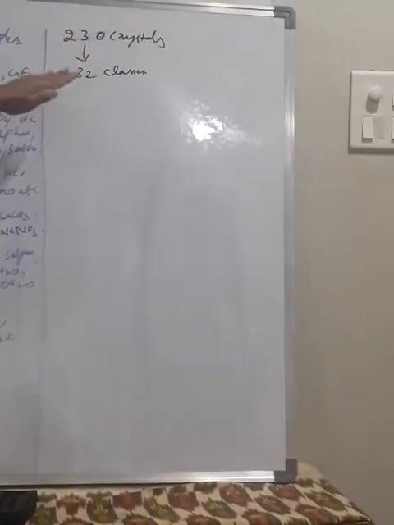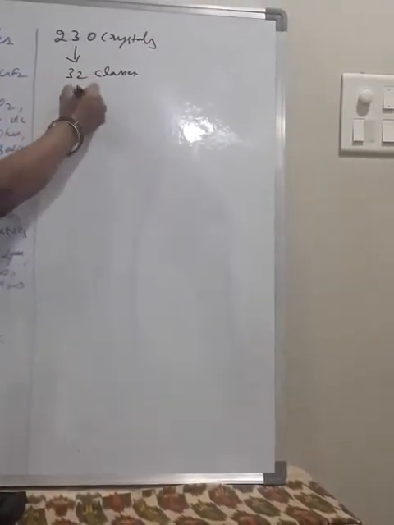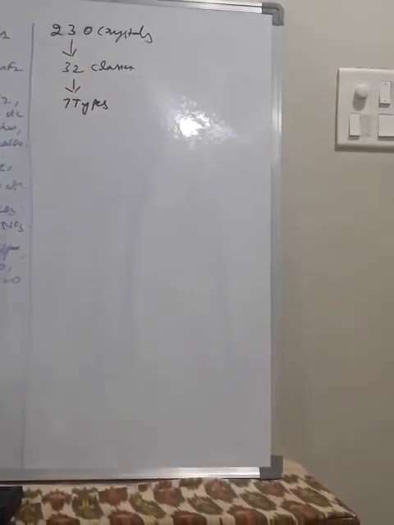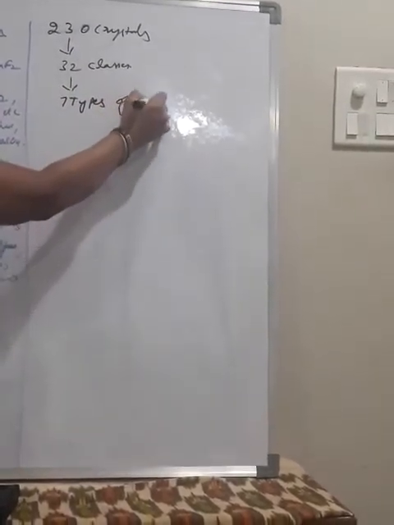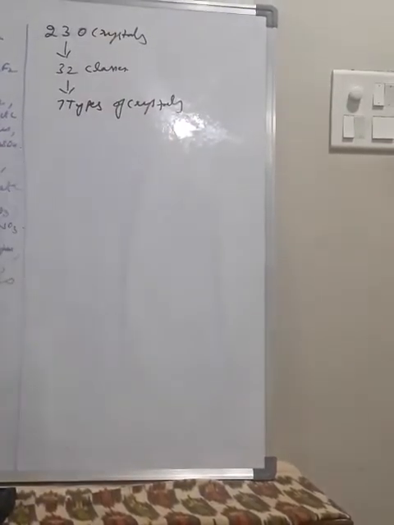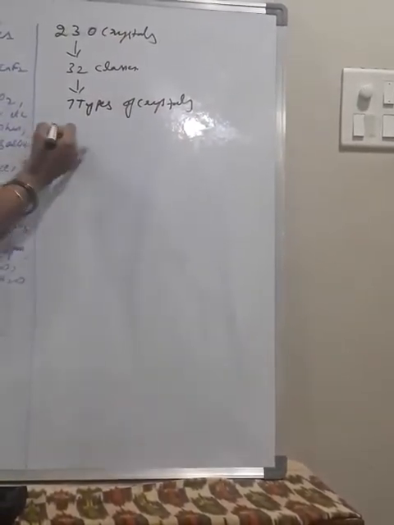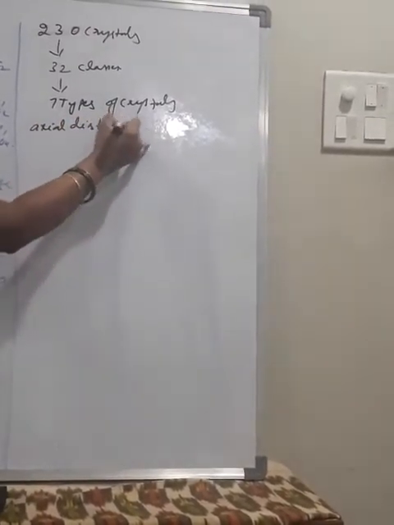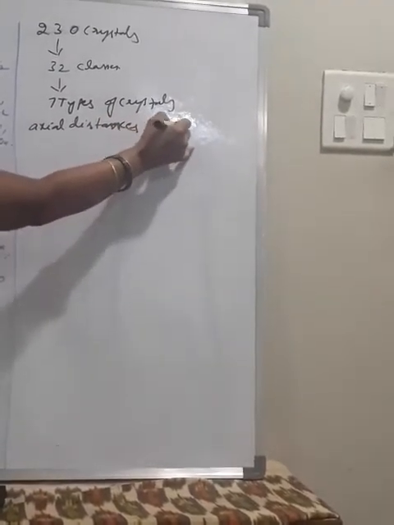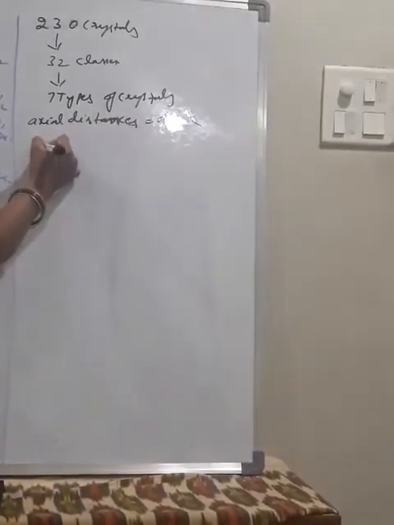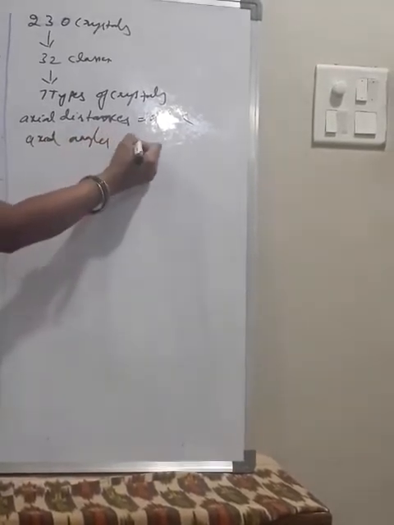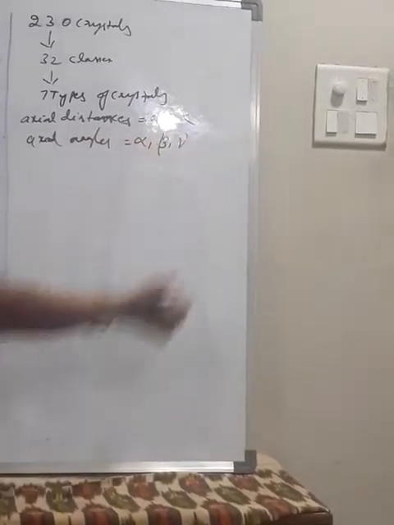The basis for this classification is axial distances present in the unit cell, that is a, b, c, and axial angles, which are alpha, beta, and gamma.